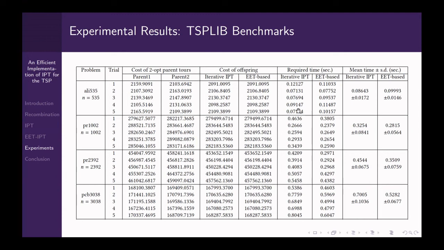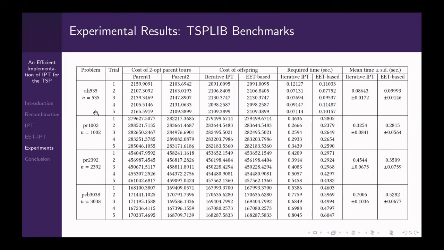But importantly, our proposed approach is doing these recombinations, irrespective of the sizes, in lesser time than the original IPT implementation. And this difference is more clear when we increase the size of the problem.